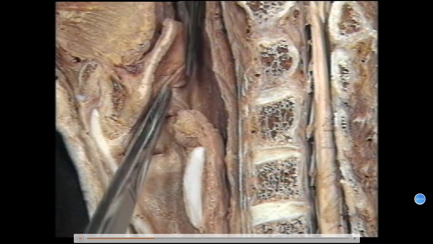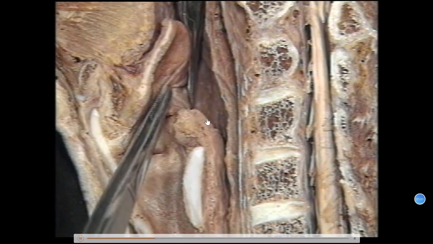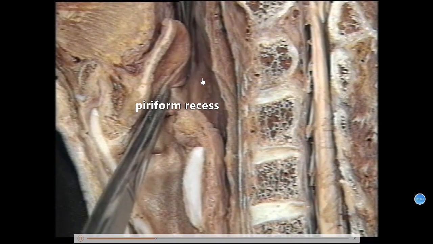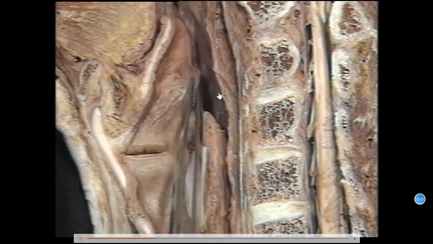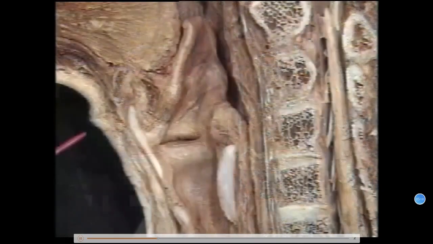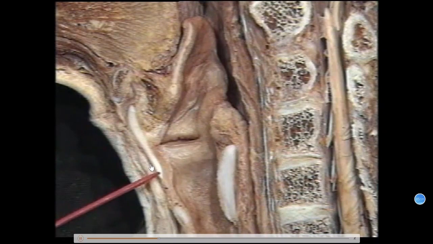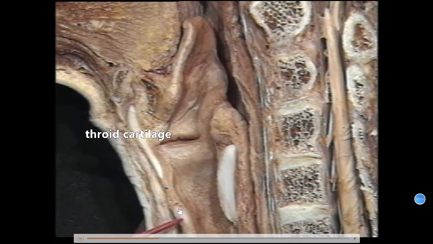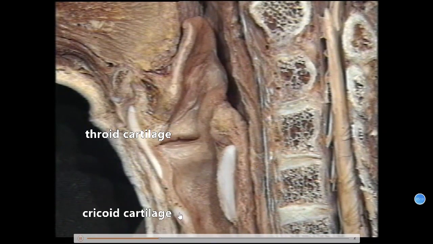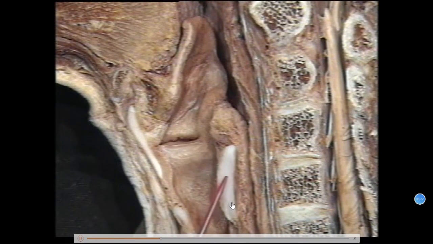Beside the epiglottis, there's a deep fossa. This is the piriform recess. The piriform recess belongs to the laryngeal pharynx. Thyroid cartilage, the arch of cricoid cartilage, the lamina of cricoid cartilage.